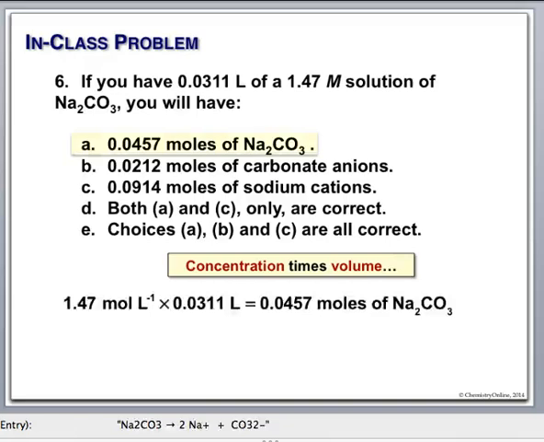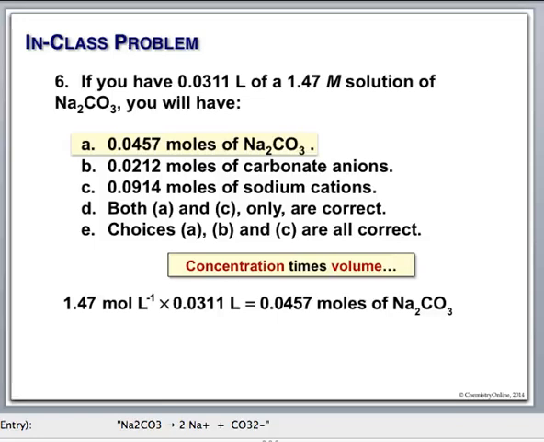Now, let's not finish with this, because this also has these other possible answers. So let's look at B and C. If we have 0.0457 moles of sodium carbonate, how many moles of carbonate ion will we have in solution? Remember the little flash thingy where the ions separate and bounce around in solution, okay?